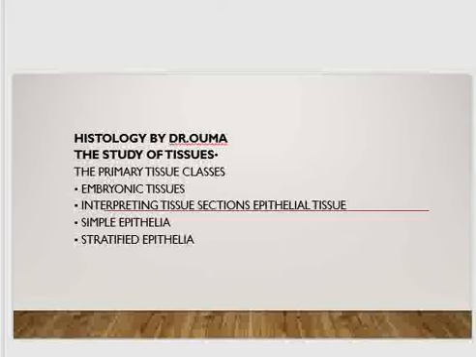In a simple epithelium, every cell touches the basement membrane. Whereas in a stratified epithelium, some cells rest on top of other cells, because there are many layers, and those lying on top of others will not touch the basement membrane. Those resting on top of the other cells will not have direct contact with the basement membrane.